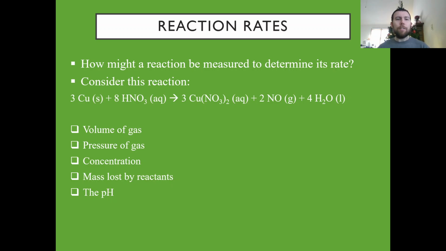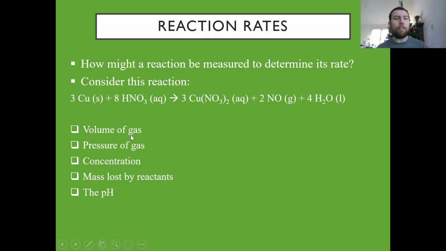For the volume and pressure of a gas, because you've got the formation of 2 moles of nitrogen monoxide gas on the product side, what we would anticipate is that over the course of the reaction, there'd be 0 volume of gas initially, but as the reaction is occurring, the volume and pressure of that gas would be going up.